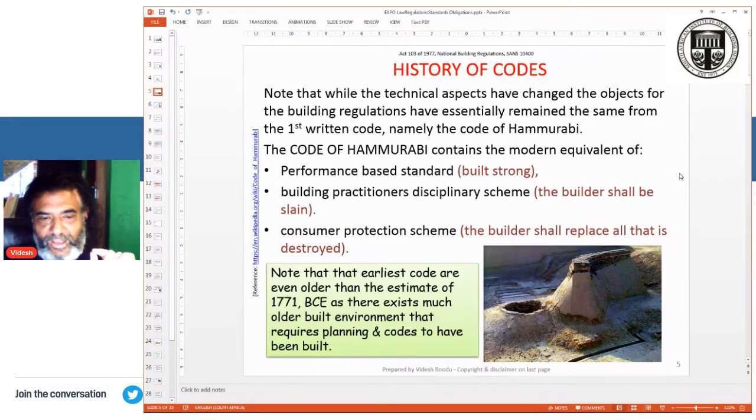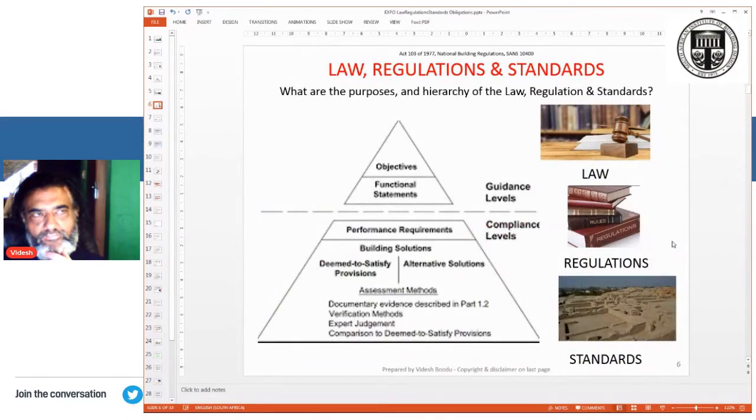The thing is also that while it is the earliest written code, these or some kind of code or regulation has been in existence from almost the earliest time that man started changing the environment. This picture at the bottom here is older than the Code of Hammurabi. There must have been some kind of code or understanding between the different people involved in the construction and occupation of that building. So it's not something new, it's very old.